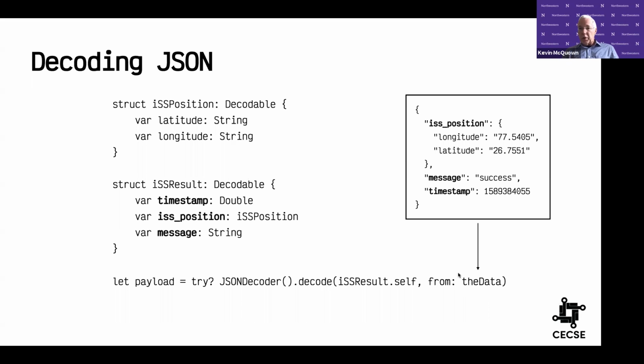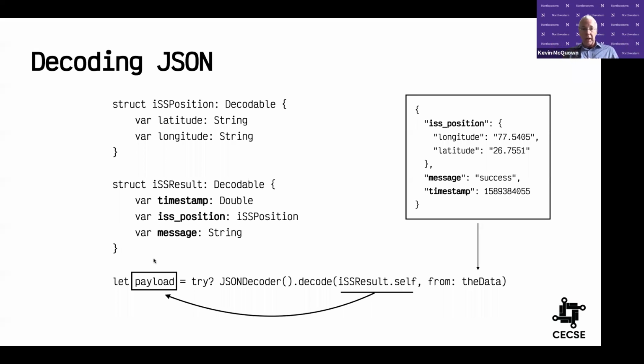When we get a response back from the server, it's going to be this string of data, and that's what we're going to supply here. Based on the fact that there is a struct already defined here that's Decodable, it's going to produce a payload, which we could call whatever we want, but it is of this ISS result struct type, and we now can use it.